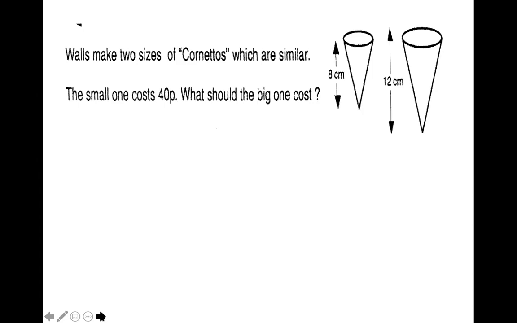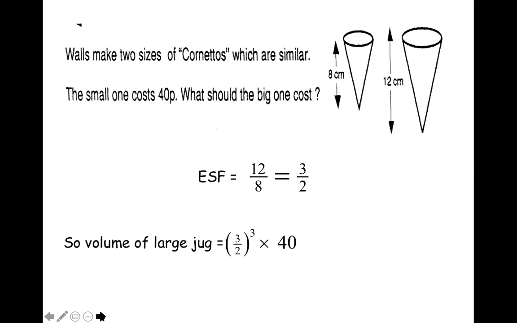So to go to the big one, we're going to look for the ESF, which is 12 divided by 8, and simplified is 3 divided by 2. So technically, the big one should cost (3/2) cubed times how much you've paid for the small one, 40p. And (3/2) cubed times 40p is 27 divided by 8 times 40, which is £1.35.